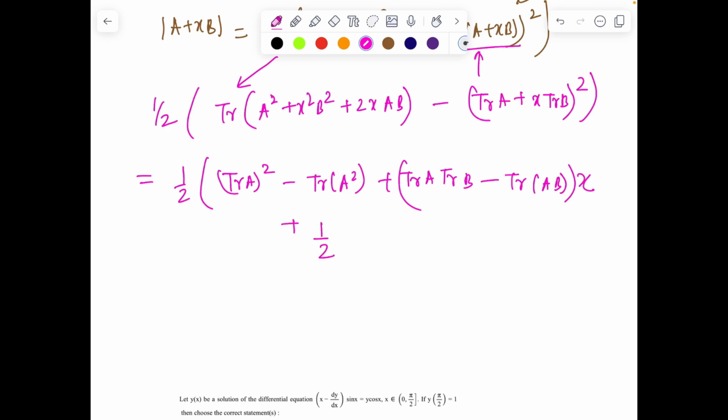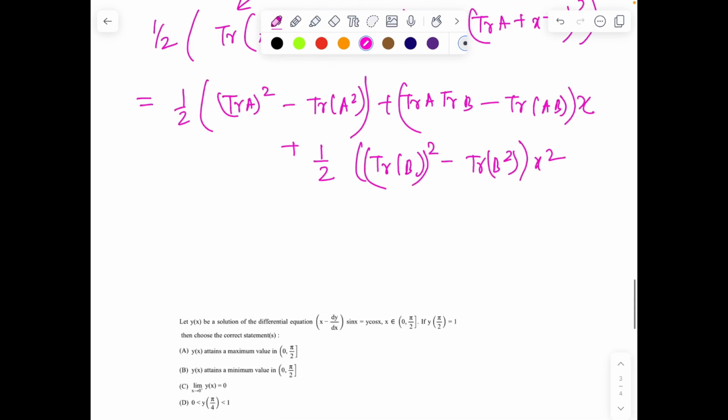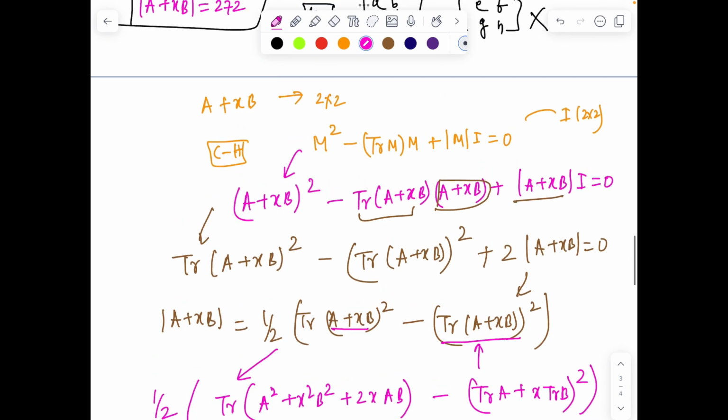Plus half times, by symmetry we can see it's trace of B whole square minus trace of B square, times x square.